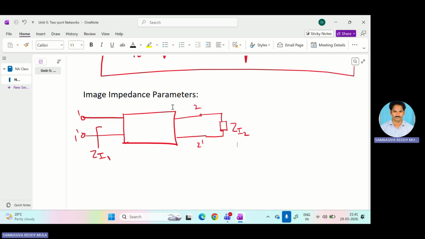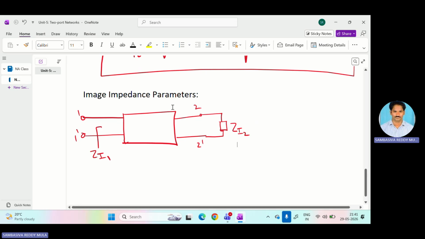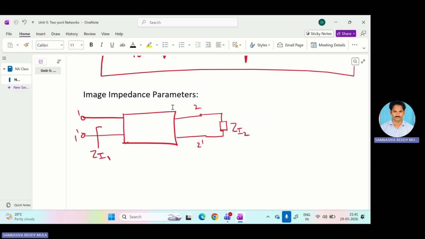Here the pair of impedances are Zi1 and Zi2. When the output port is terminated with Zi2, then the input impedance is Zi1. If the output port is terminated with Zi1, then the input impedance is Zi2. That is the reverse. The reverse is also true.